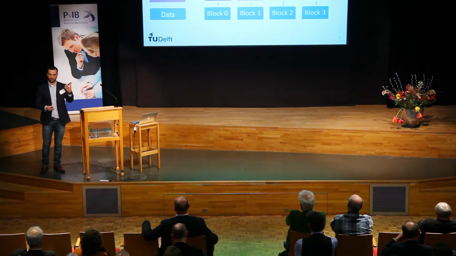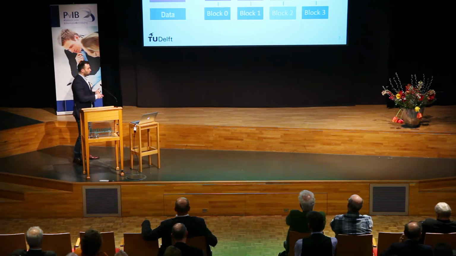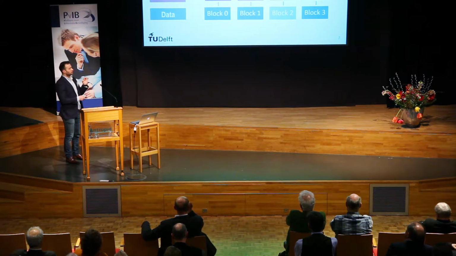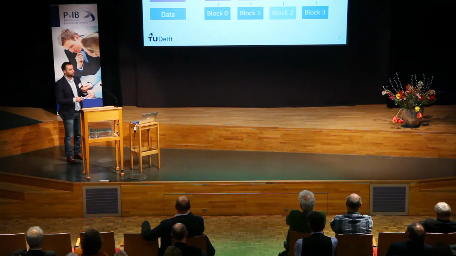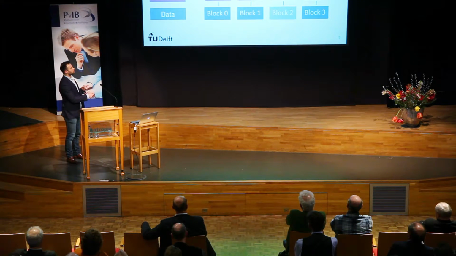You give this value to the readers, and if one reader wants to check the integrity of a block, block 2 in this example, the cloud will provide a proof. What is that proof? The proof will consist of the block itself and the hash values required to compute the root. Why?